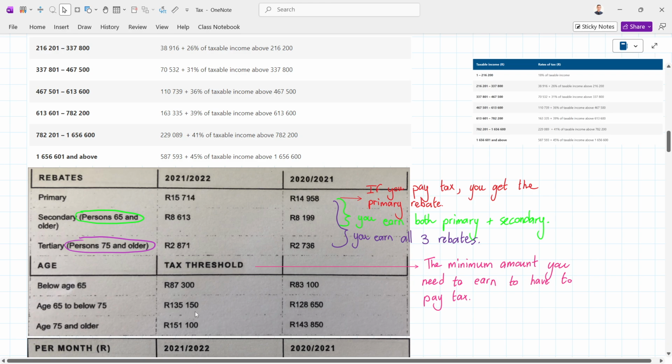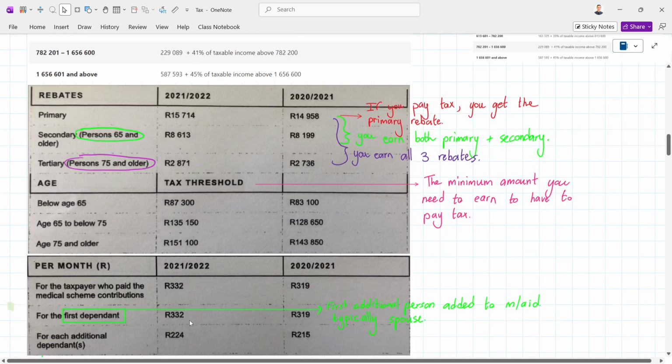Same goes here. If you work out a person's tax in this bracket, then these two rebates added together would be equivalent to the person over 65, under 75, earning this amount a year, and so forth.